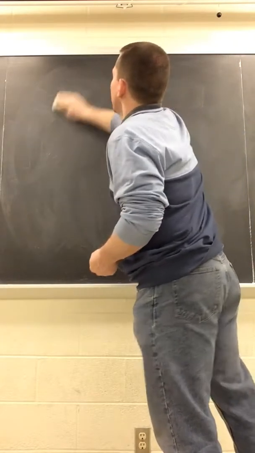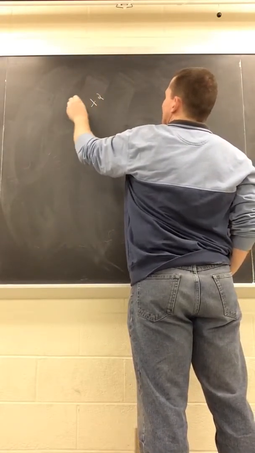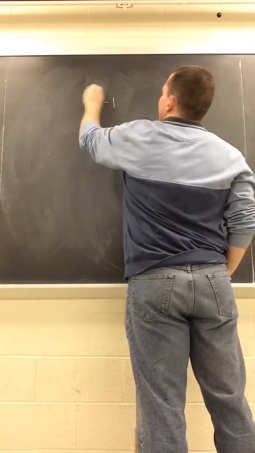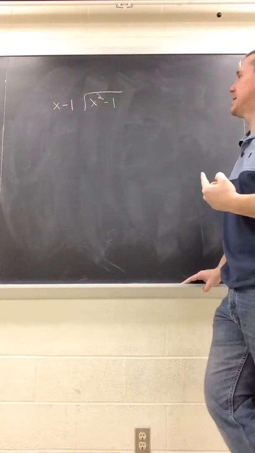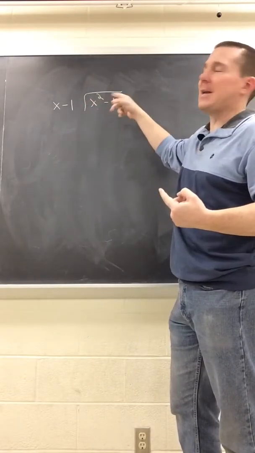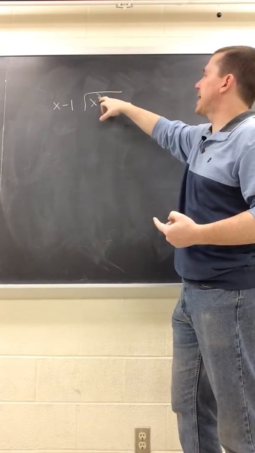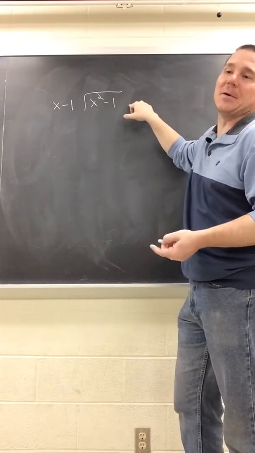So what we're going to do is, if we want to do x squared minus 1 divided by x minus 1, the first thing we do is look at all the powers of x here. Make sure they're all represented. What I mean is, that's x to the second, there's no x to the first, but then the constant is x to the 0.